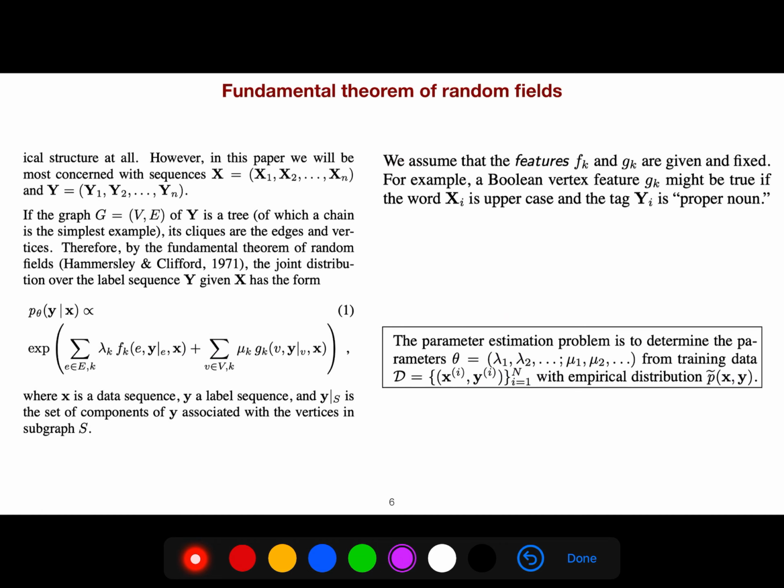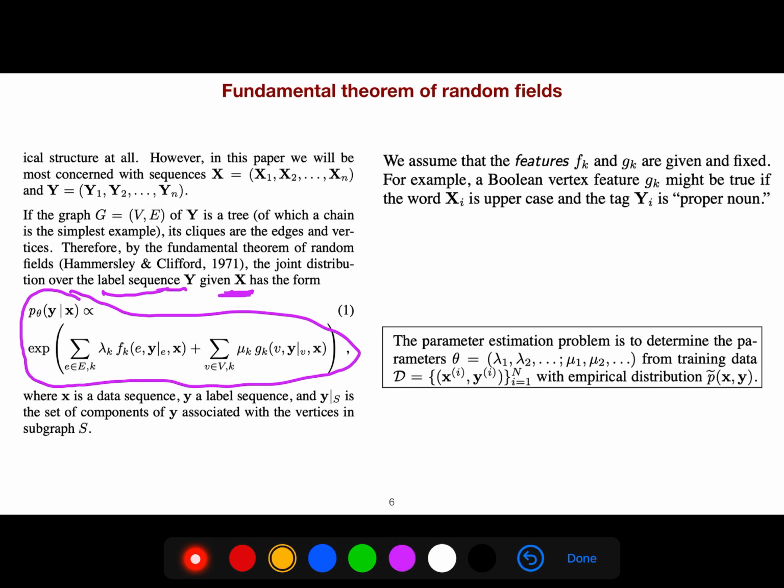So we have a label sequence y given your utterance x. For example, if you're working on NLP, x could be an utterance. Or if you are a roboticist, the pictures that the robot takes with the camera are the observation. So the probability of y given x is this.